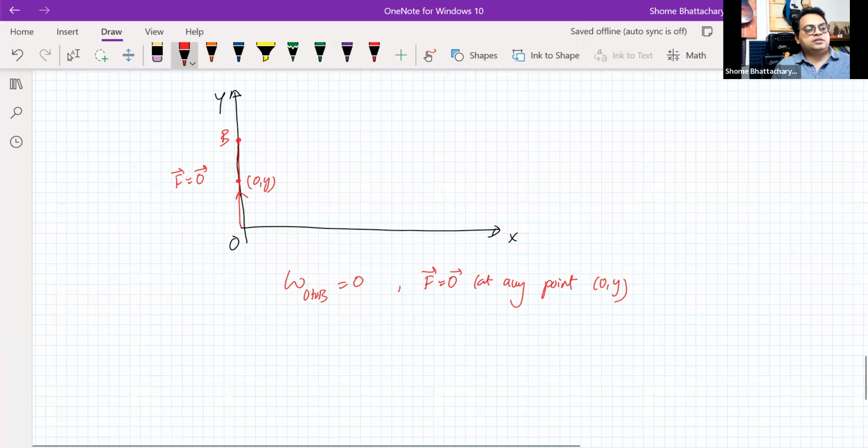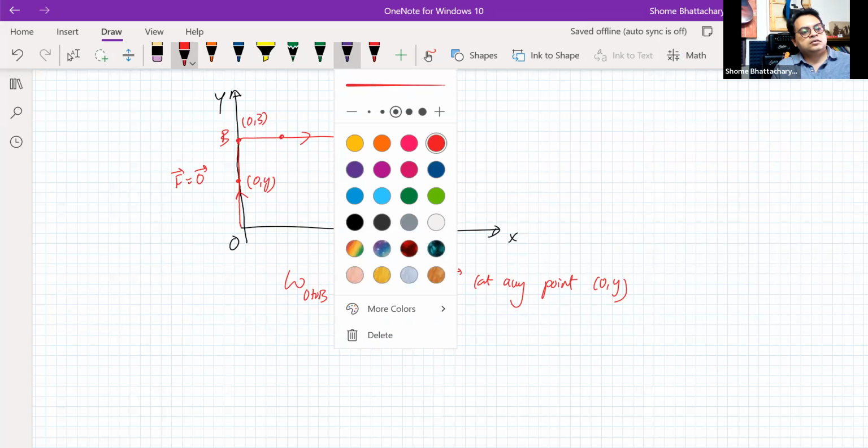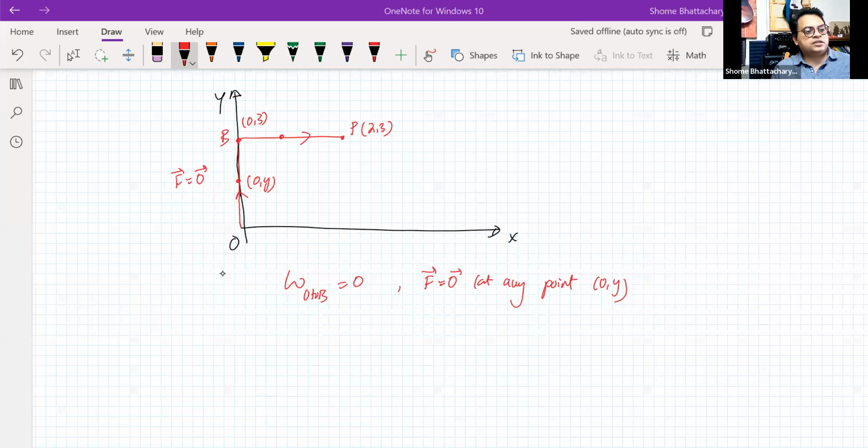Then we are going in the second part from B to P. So here now at any point in between, the coordinate of a point is how much now? It is having a y coordinate which is fixed and an x coordinate which is variable.